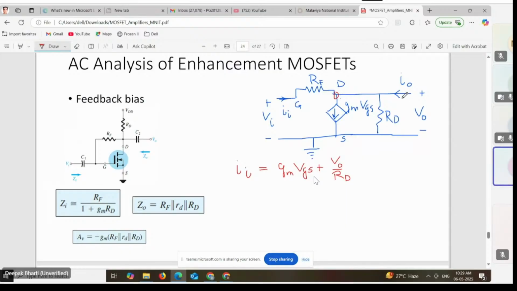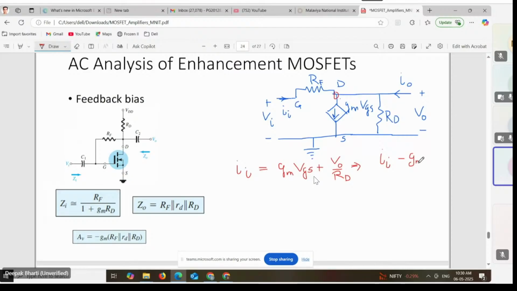Okay, we will not include I naught because I have told you that I naught will come into the picture only when we have to determine the Z naught, because we have to calculate the ratio of V naught and I naught. Here we have to get the ratio of Vi and Ii. That's why there should not be any I naught in this expression. So can we calculate V naught from here? V naught will come out to be Ii minus gm VGS.